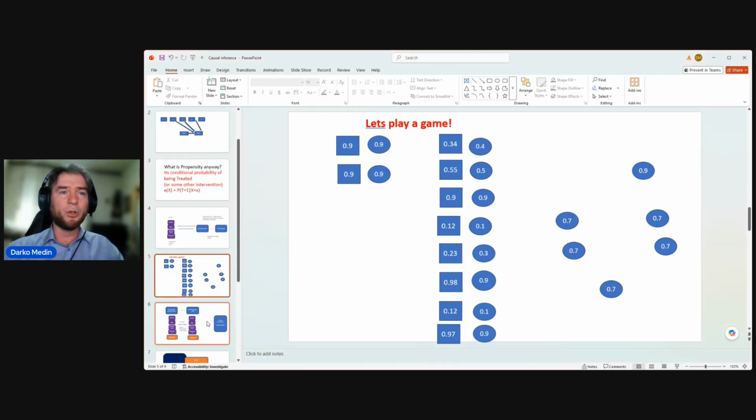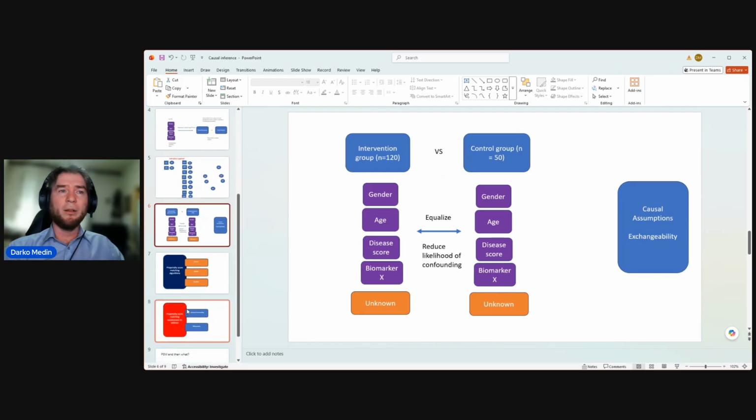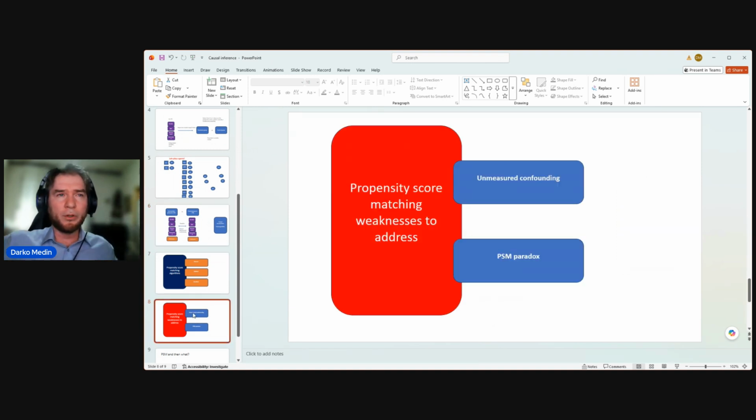So very good question. Just going back before we actually go to that, Damelash, maybe it's a very good point to do it now. Two most important problems that may arise when using propensity score matching.